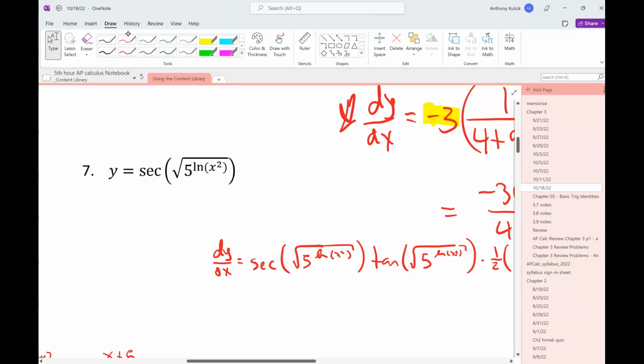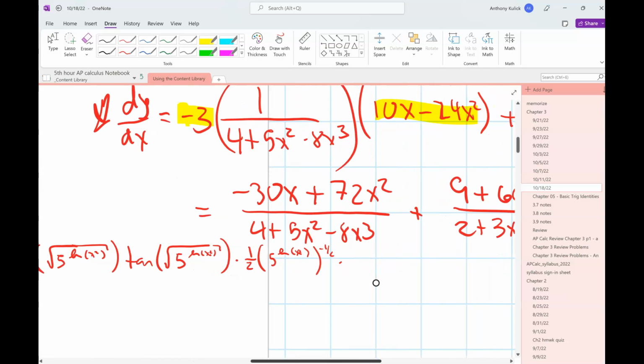So the derivative of 5 ln x squared is just that, times the derivative of the inside. Oh, because it's a chain rule in the x one. Yeah, there's a bunch of chains in here.